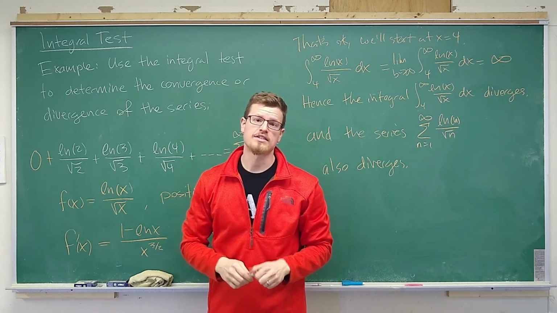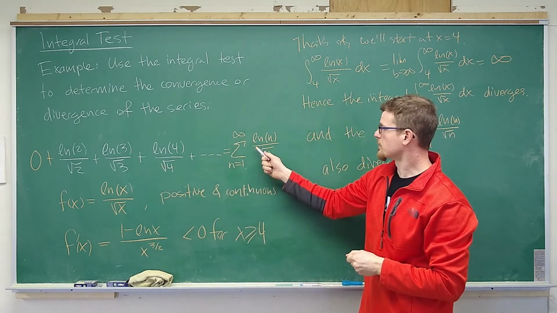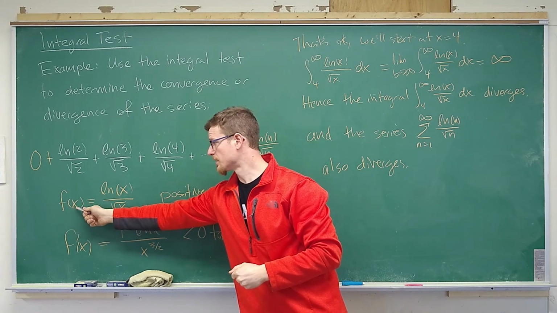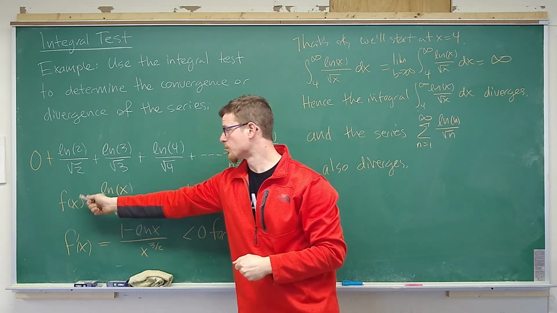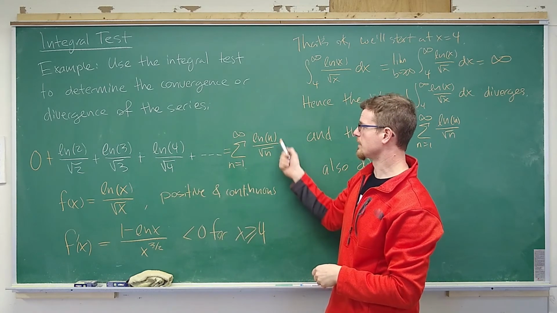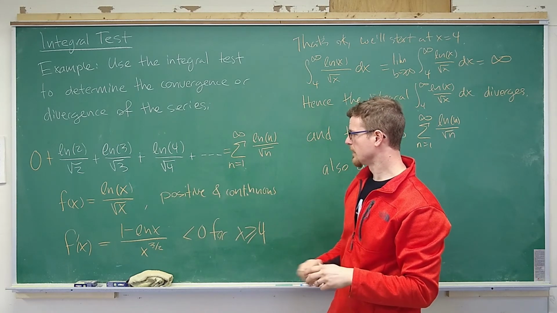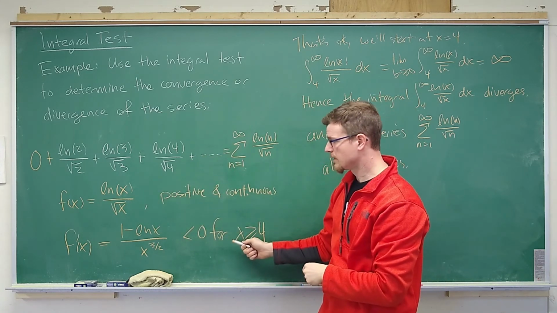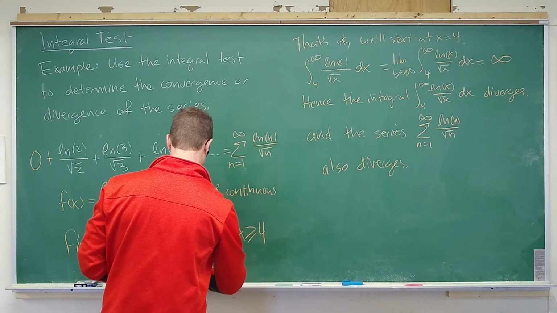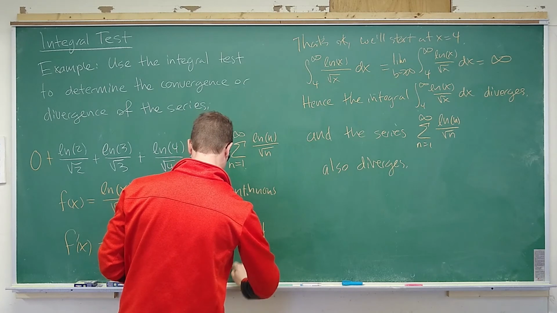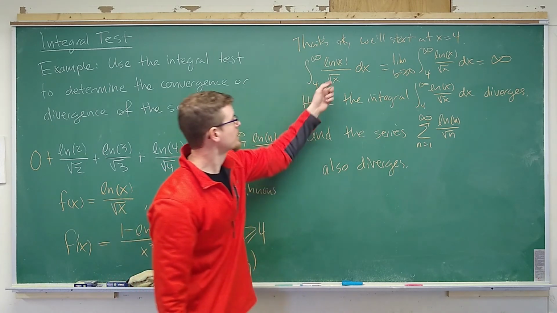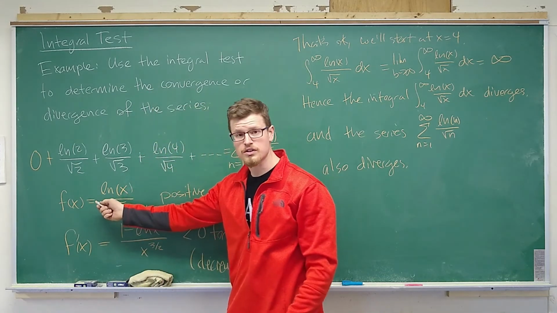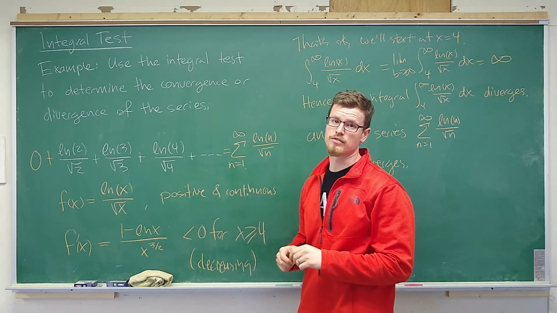Again, the integral test says that if we can write our summation in terms of a function, evaluating at the values of n, 1, 2, 3, 4, and so on, giving us the terms in our series, and it's positive, continuous, and decreasing, so here this was decreasing, then we can take the integral, and if the integral converges for this function, then this series will also converge.